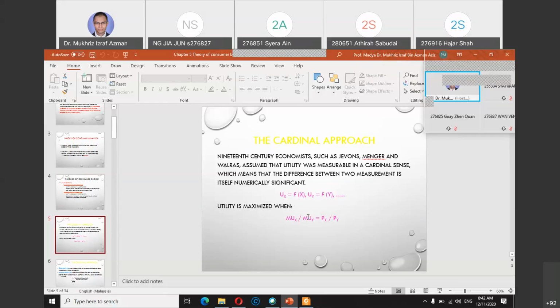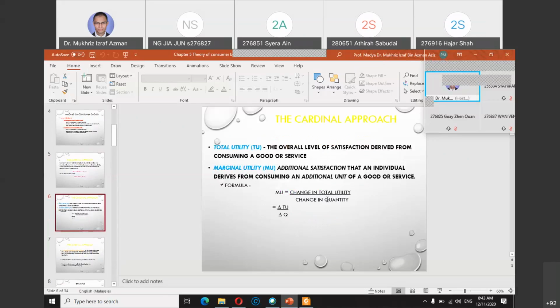If you cross multiply, it is also equal to when MUX over PX is equal to MUY over PY, or the ratio of marginal utility over the price of good X is equal to the ratio of marginal utility of Y over price of Y. Either way, we are still looking at the formula to maximize utility: MUX over MUY equals PX over PY, or MUX per PX equals MUY per PY. If you cross multiply, you get the same.